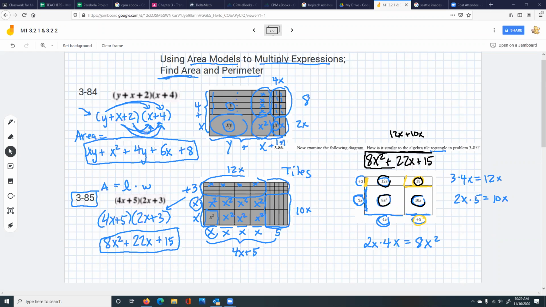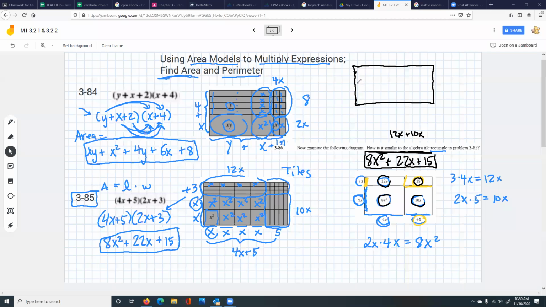So we use this generic rectangle to multiply binomials, right? And that's what we're going to start doing today. So instead of doing all the tiles, we're just going to do a generic rectangle for every binomial times binomial or trinomial times this one. If I wanted to make a rectangle for the top one, which we do, I'm going to make it longer.